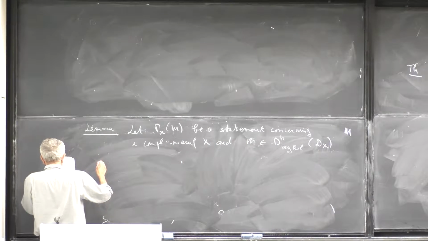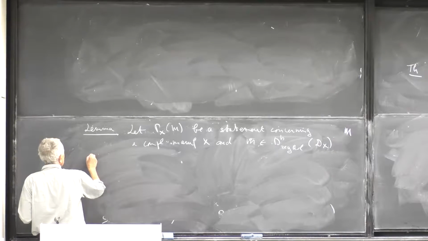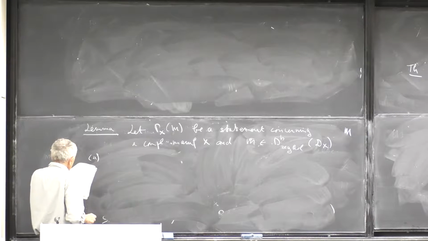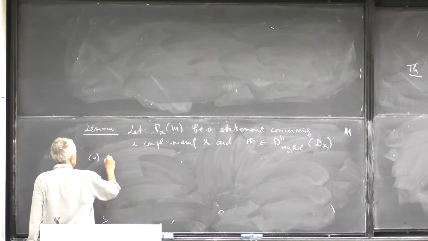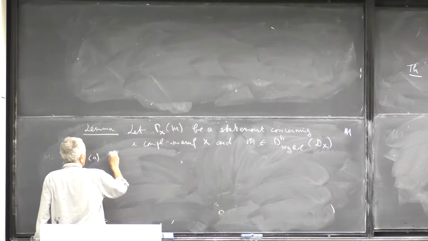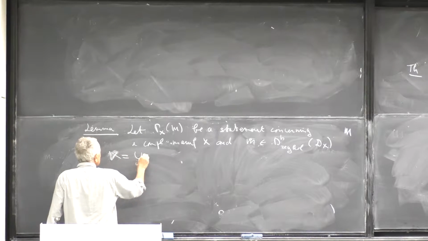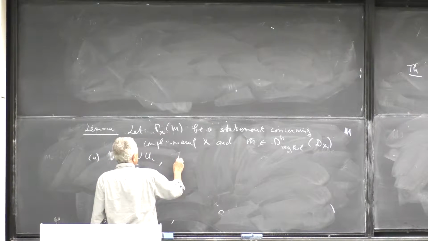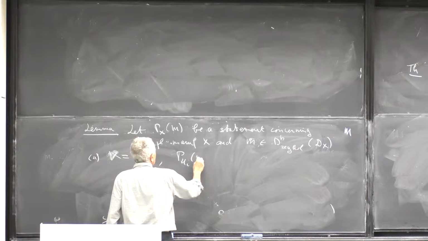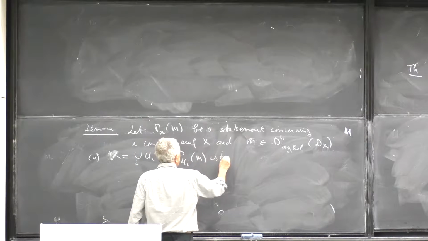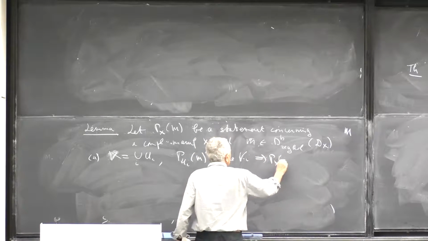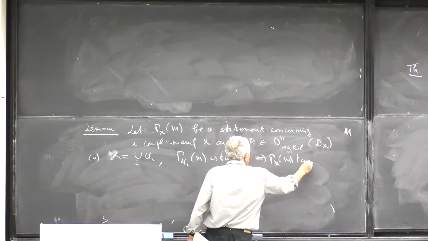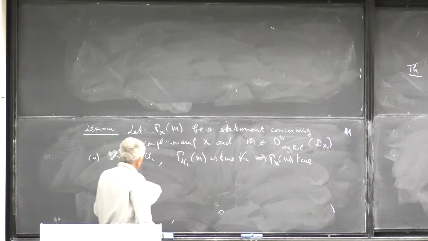Assume the following, or consider the following assertion. The statement is local. It means that if X is a union of open sets, and if P(U_i, M) is true for any i, then P(X, M) is true. The statement is local.